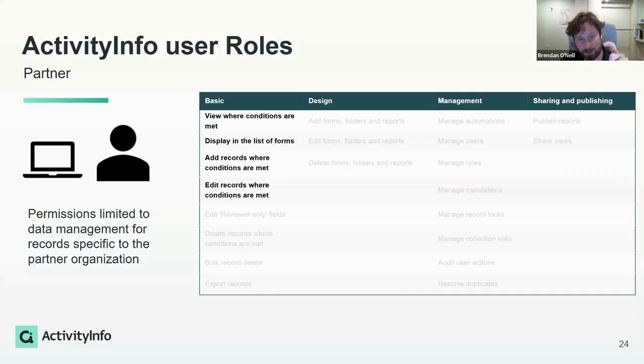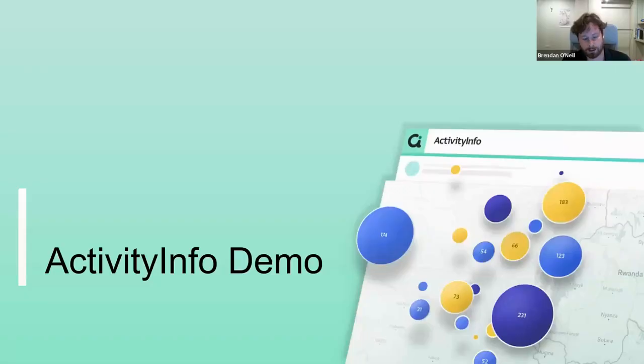They're actually going to only be able to add and update records that are related to their program or to their geography. So you can really get fine-grained, granular. You can assign granular permissions to users down to the record level. It's really powerful stuff. And again, rather than talk about it, why don't I show you?